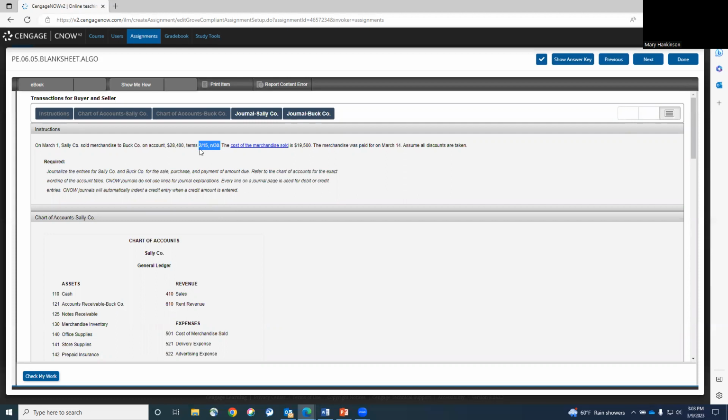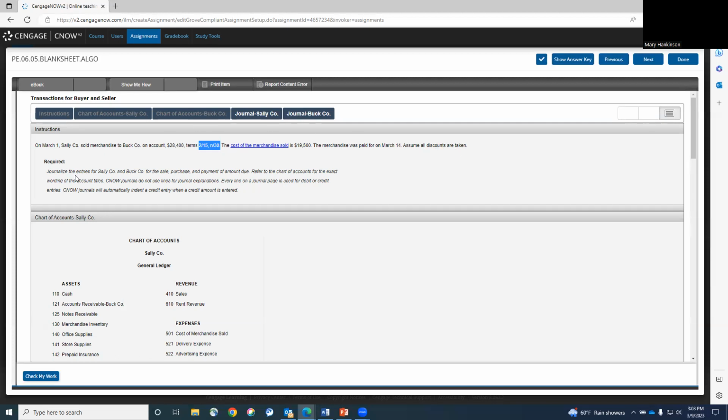They're offering a 2% discount if paid within 15 days, or the full amount due within 30 days of the invoice. It also lets us know that the cost of the merchandise sold is $19,500. And then it says the merchandise was paid for on March 14th. Assume all discounts are taken.